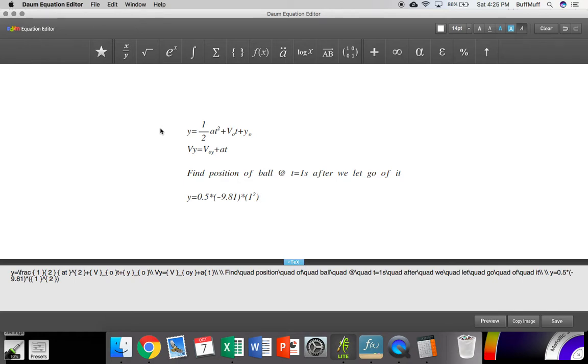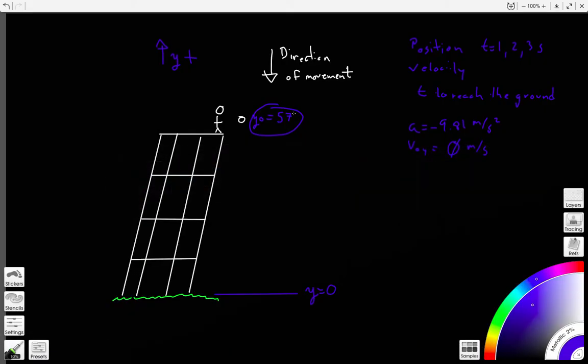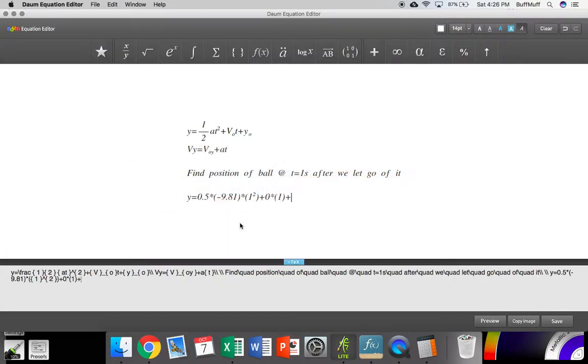Plus my original velocity, which is 0, times the time, which is 1 second, plus, and here is the only thing that has changed from our past example, my initial position. Now we are at 57 meters above ground, above my reference point. So positive 57, because we are away from it in this direction. So it is 57 right here.